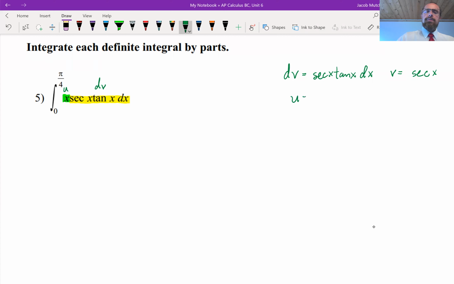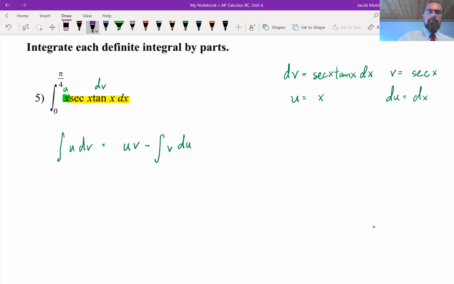For our u, we'd assign just plain x. So if I differentiate u, that's going to give me dx. So we're ready to set up. Again, if I've got the integration of u dv, that equals u times v minus the integration of v du. So we'll set up this right side.